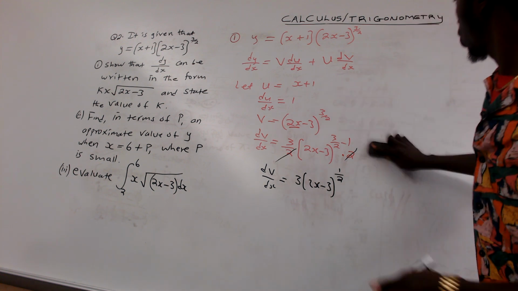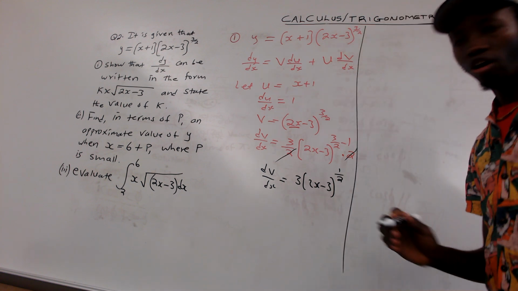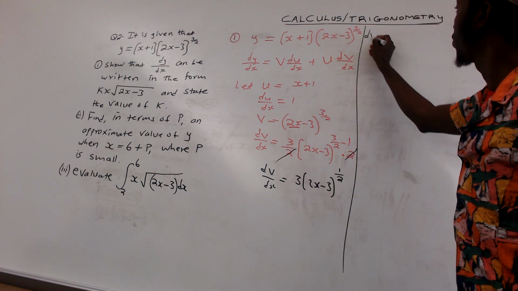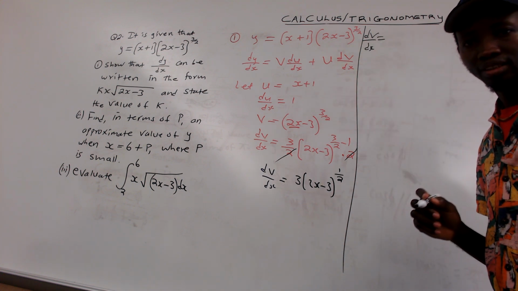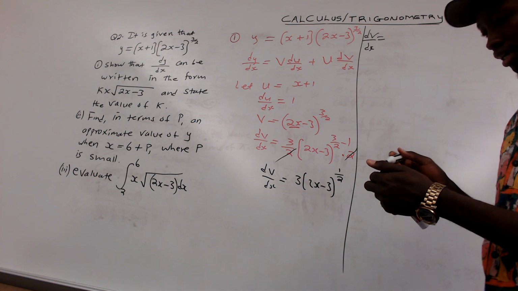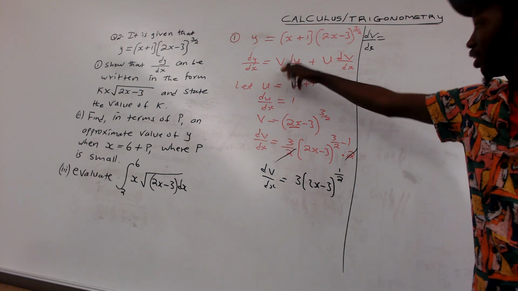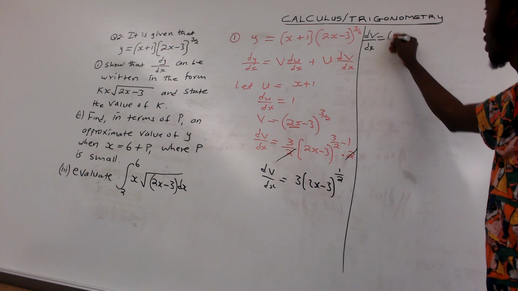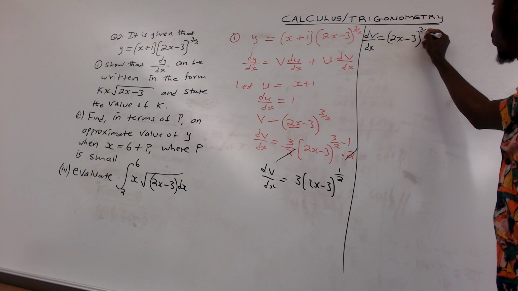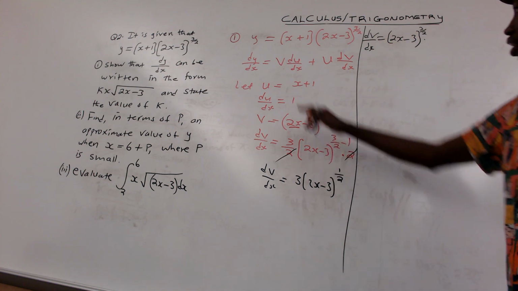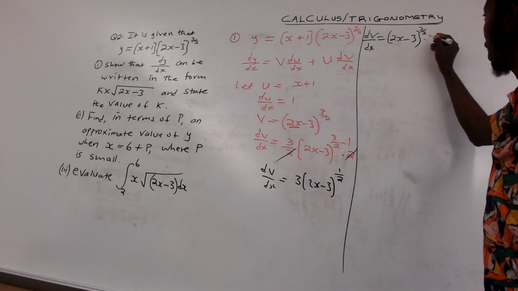So if we slot that in, let's see what we are going to have. We have dy over dx equals, so v is this, we rewrite it 2x minus 3 raised to power 3 over 2, times du dx, which is 1, so times 1.